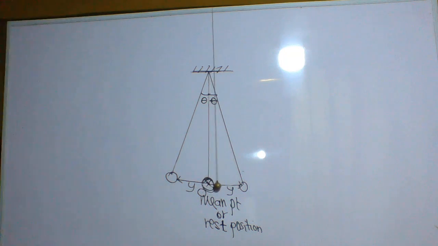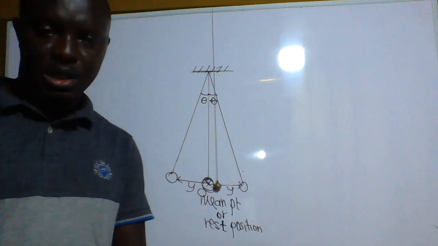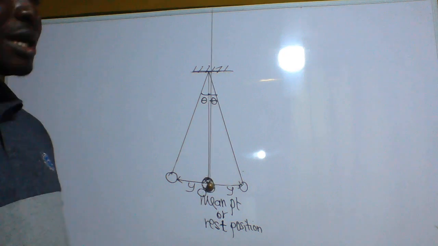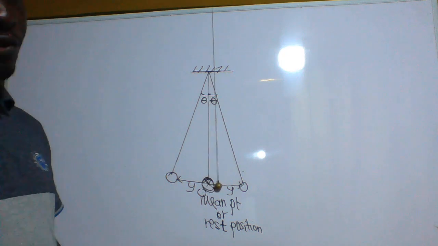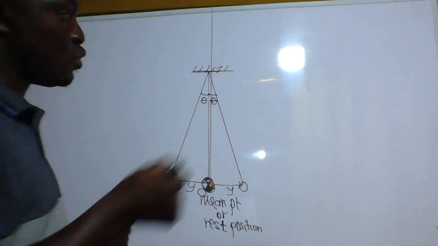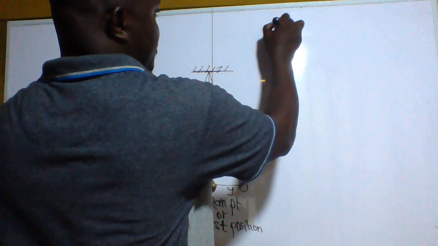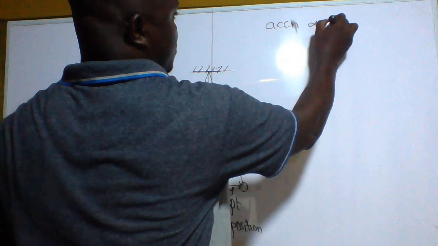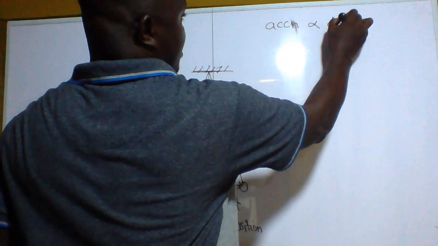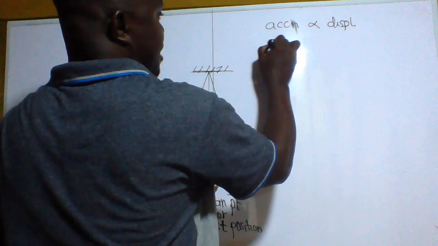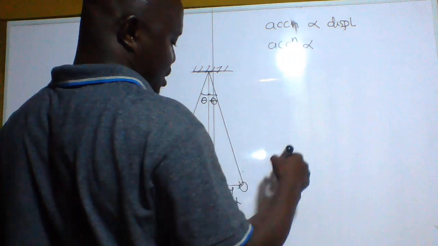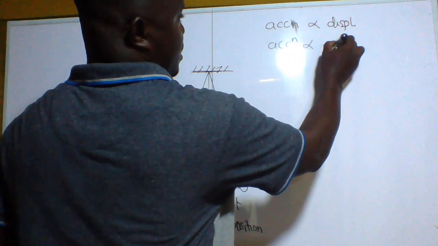How did we define SHM? We said that simple harmonic motion is the repeated to and fro motion of a body around a fixed point whose acceleration is directly proportional to the displacement and is directed towards the fixed point or the mean position.